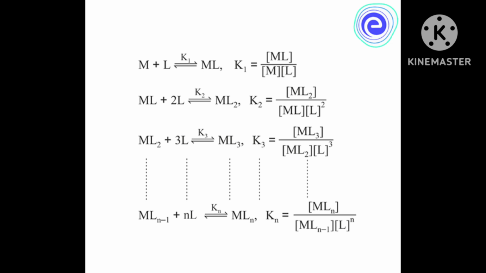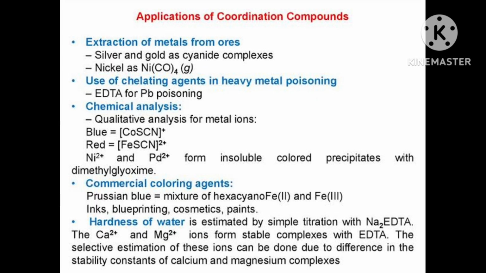In that situation, [Au(CN)2]⁻ is required. That is, a complex ion is required. Gold complex is required for gold electroplating, and silver complex is required for silver electroplating. Okay, this I have told.